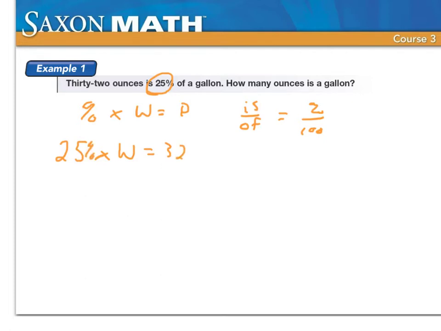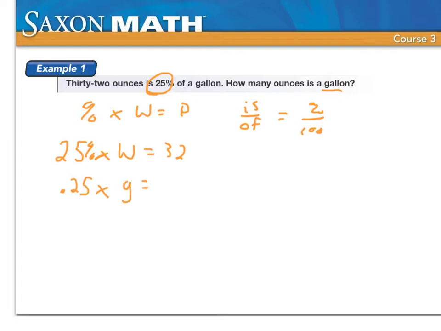Okay, and sorry, I should put 25% times whole. So my whole that I want to know is gallons. Okay, well, percent, remember, we shouldn't leave percent like this because we like to forget it's out of 100. Okay, so we could write this as a fraction, or we could write it as a decimal, whatever we're the most comfortable with. Okay, I'm going to put it in decimal form, so that's 0.25 times my whole, that's gallons.